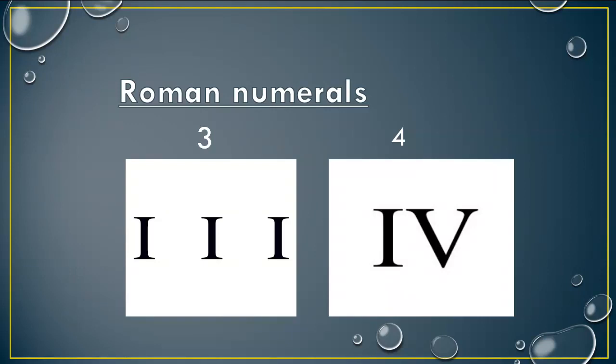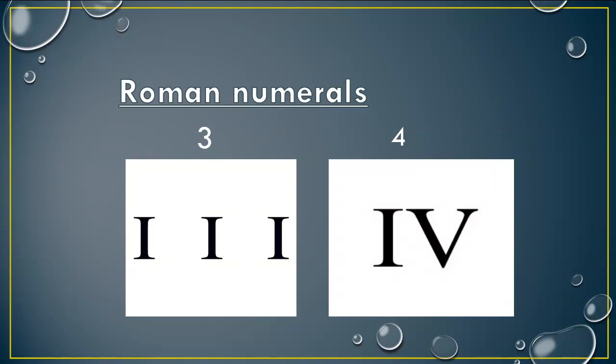Can you see? It is becoming confusing. If you keep writing more I's, you will not be able to easily identify which number is being represented, or even if you identify it, it will take a lot of time.